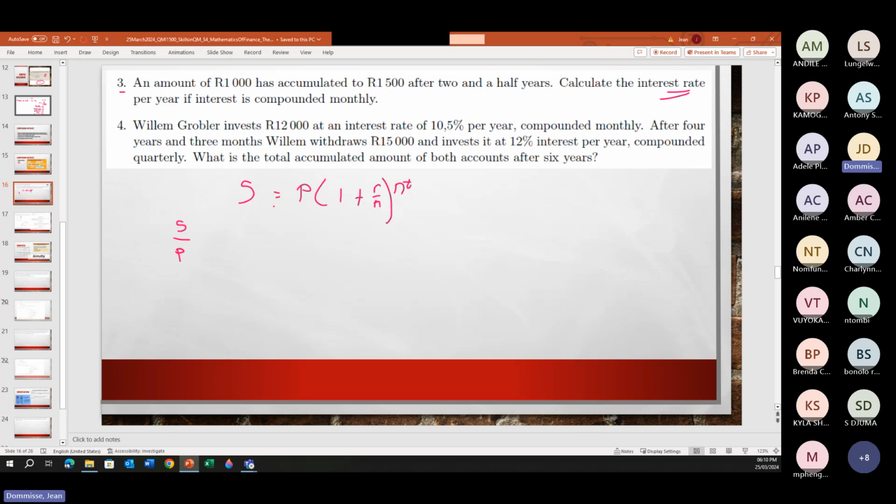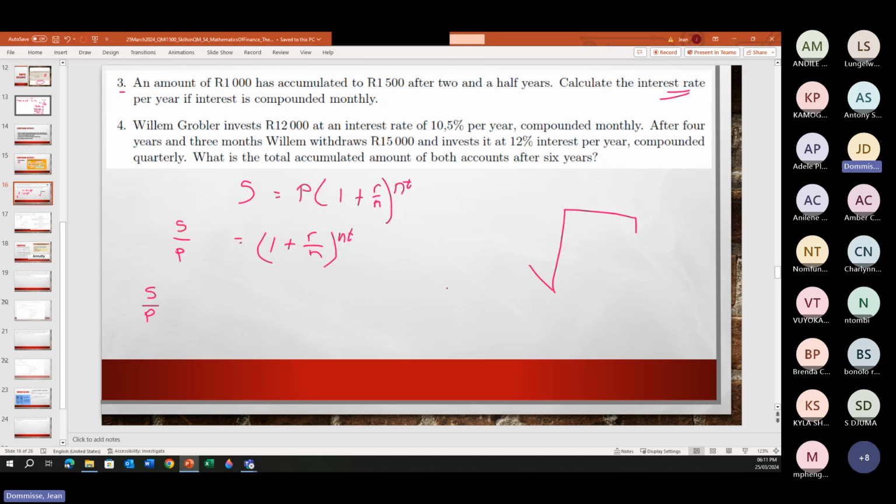It is S over P is equal to 1 plus r over n, to the power of n times t. Now, to get rid of the nt, on both sides we need to go to the power of 1 over nt.